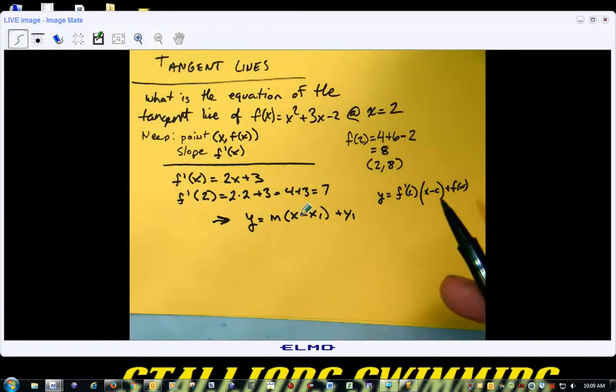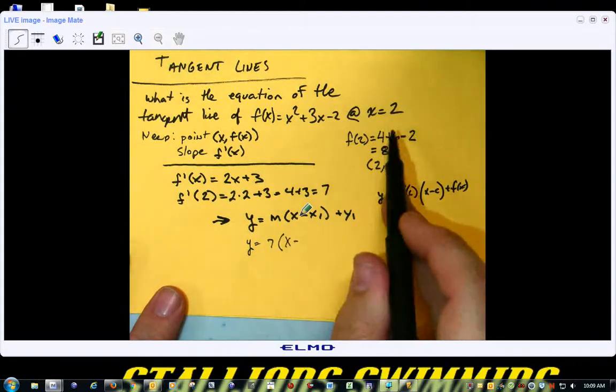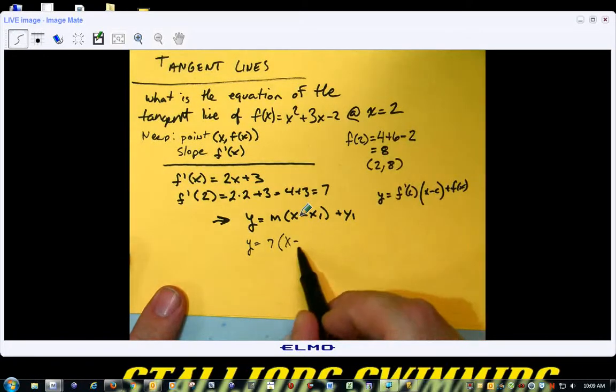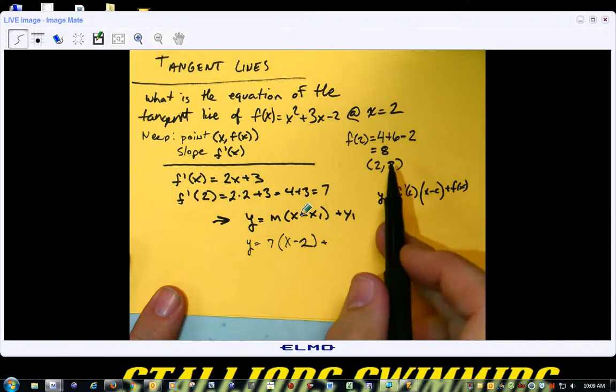So y is equal to my slope, which is 7, x minus my x value, which is 2, plus my y value, which was 8.